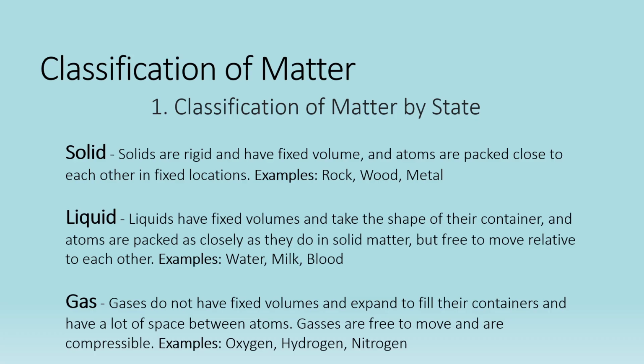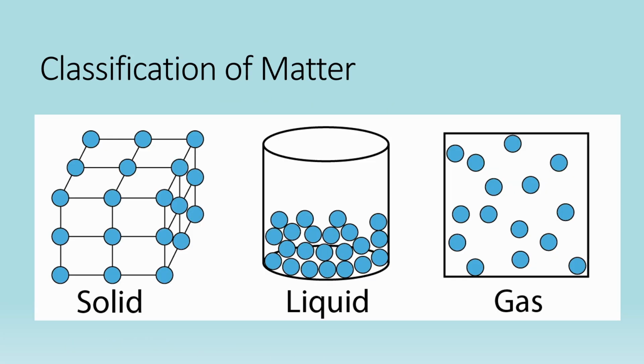Gases do not have fixed volumes and expand to fill their containers, and they have a lot more space between the atoms. Gases are free to move and they're compressible. Examples include oxygen, hydrogen, and nitrogen. It shows how the atoms are positioned in solid, liquids, and gases.